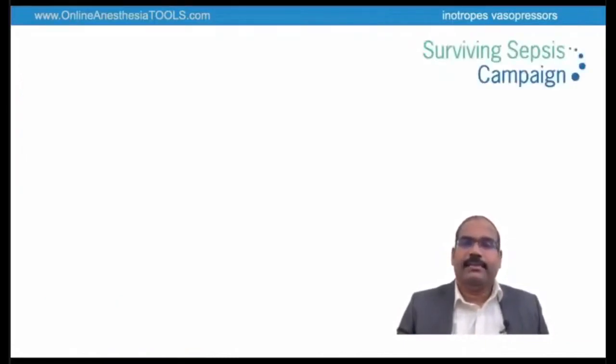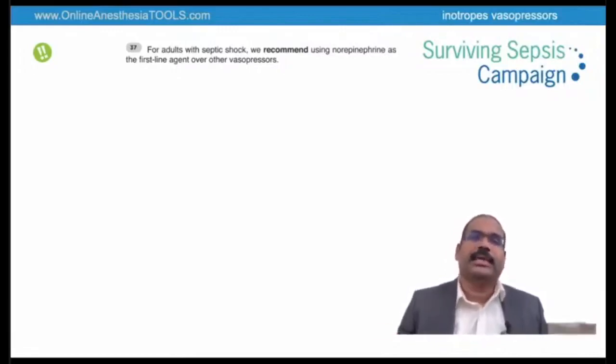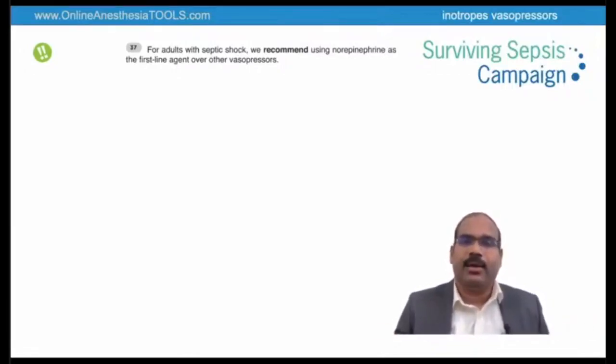Moving ahead with the Surviving Sepsis Campaign, norepinephrine is the first vasopressor that should be administered in case of septic shock. Norepinephrine, with its venoconstricting effects, moves blood from the veins to the circulation, increasing the preload, which is of critical importance in early stages of septic shock, as it can be overfilled during fluid administration.